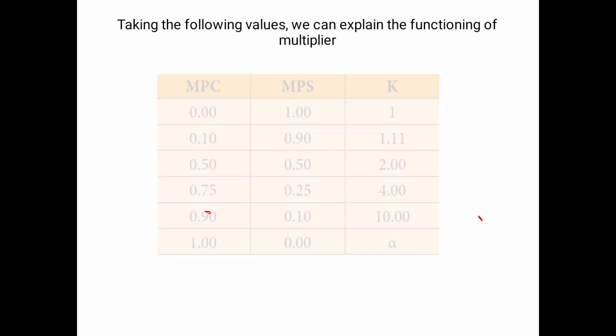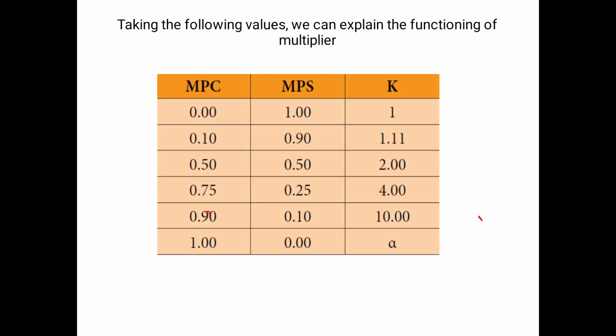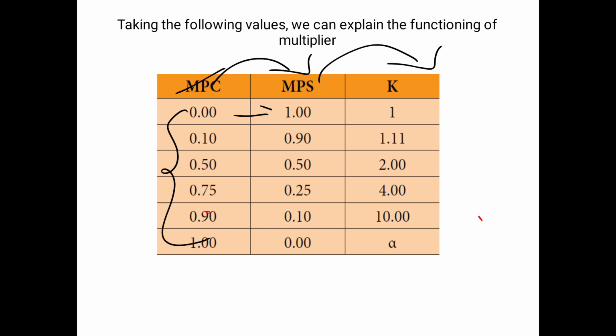Next we are going to see one small tabulation. In this table, they have given MPC. Now we are going to derive MPS, and from MPS we are going to derive K. From the value of MPC you are going to derive MPS.